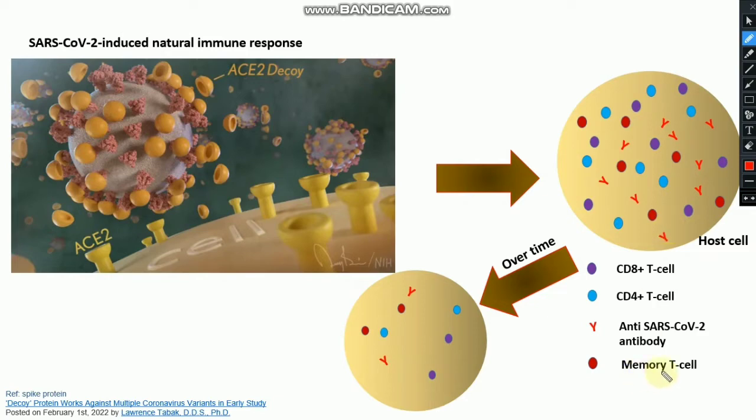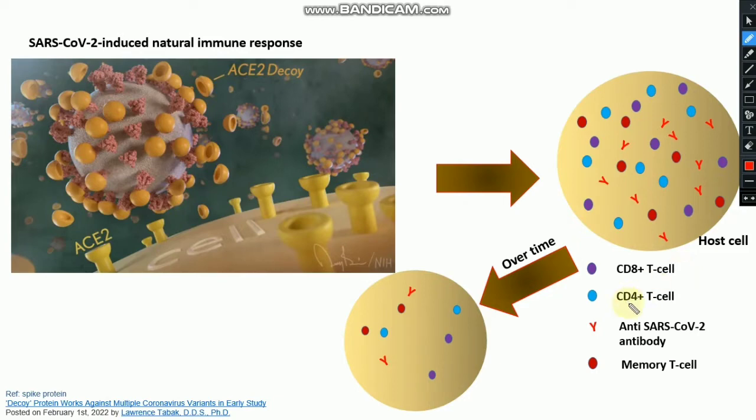The memory T cells protect against this kind of infection when SARS-CoV-2 infects in the future. The CD8 positive T cells are also known as cytotoxic T cells. When an infected cell is recognized by the CD8 positive T cells through some crucial mechanism, these cytotoxic T cells destroy the infected cells.